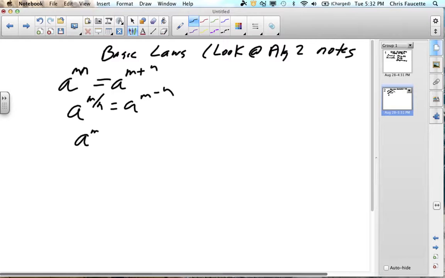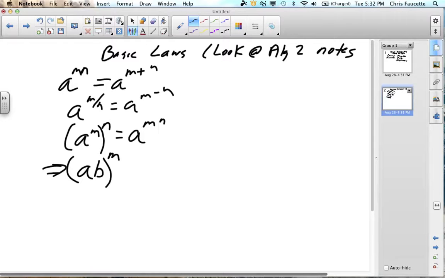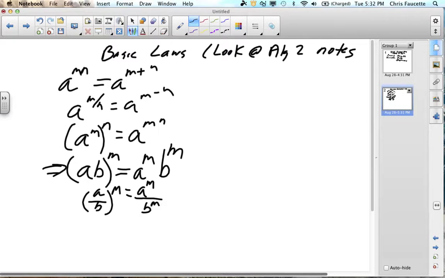A to the m to the n is a to the mn. Two numbers, both raised to the same power. This is one you might want to keep in mind. Same as a to the m, b to the m. Same thing if you're dividing. You just raise your numerator to the power and your denominator to the same power.